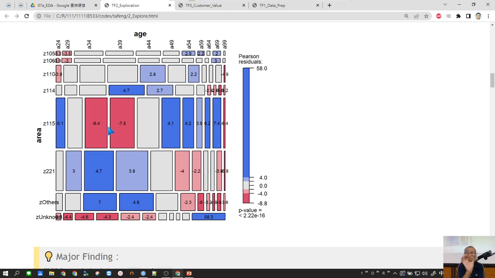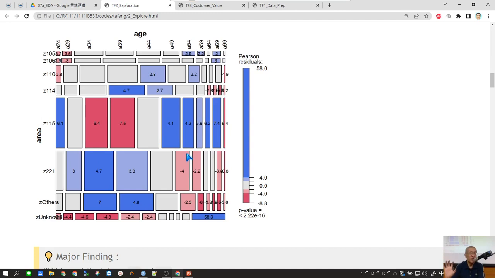The ratio is still smaller. This relative comparison gives us different characteristics of different areas.